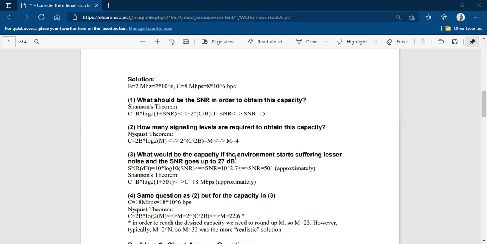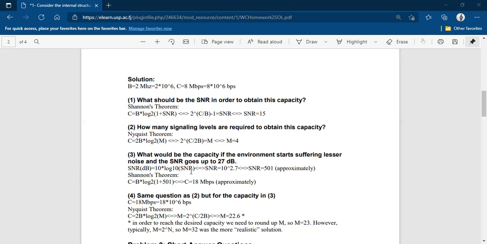In order to compute the decibel value of any value, we use 10 times log of base 10 of that value. In this particular case, we are doing it for SNR, so SNR in dB is equal to 10 times log of base 10 of SNR.